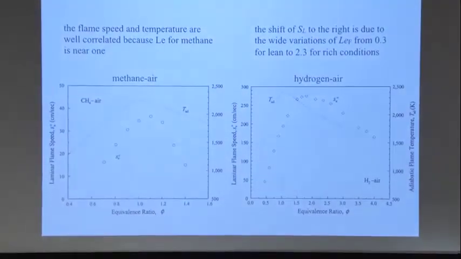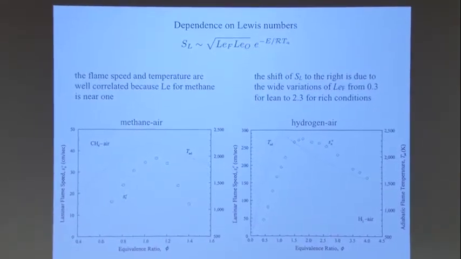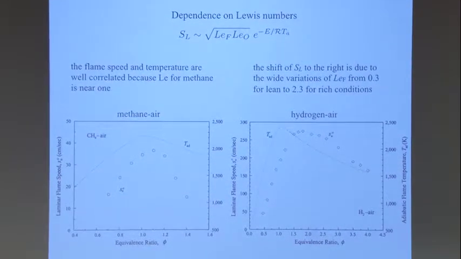Okay, so the next one is to show you the effect of the Lewis number. Remember that we had the Lewis number in the denominator of the expression, but raised to the power -1. So really they appear in the expression as the square root of the product of the Lewis numbers. Now for methane air, the Lewis number of the fuel is approximately 1.